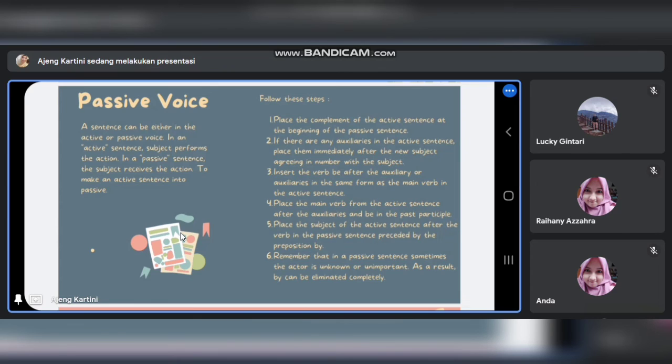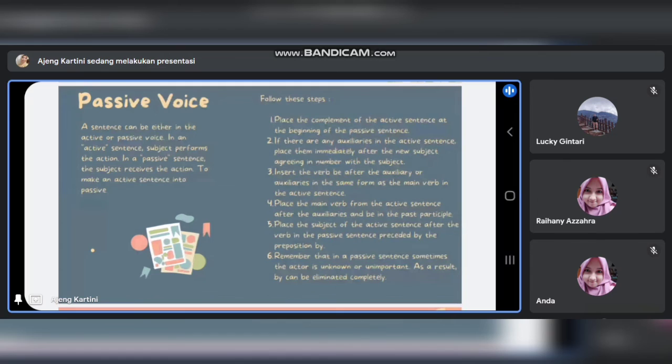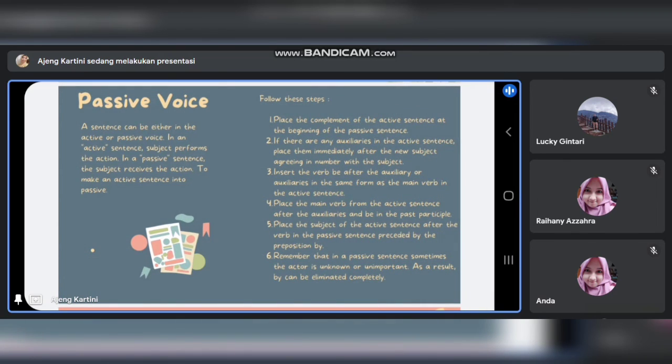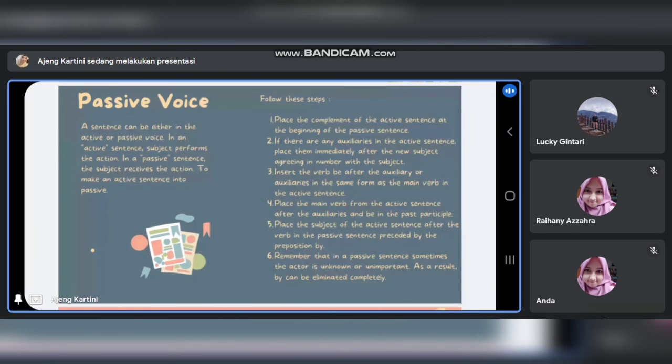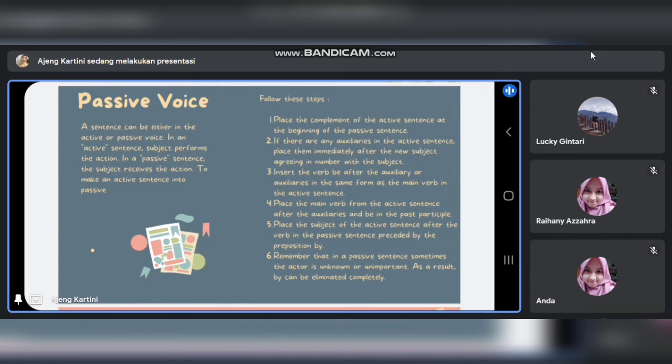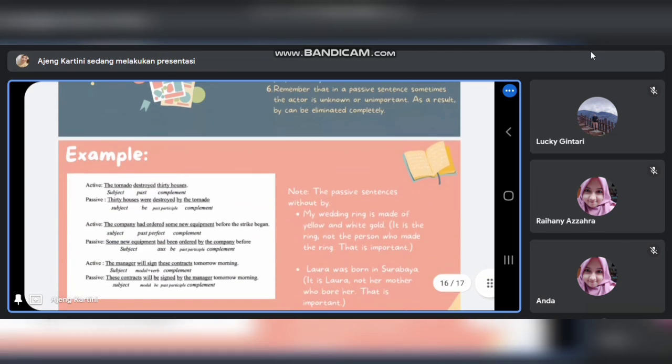The fourth is, place the main verb from the active sentence after the auxiliaries and be, in the past participle. And the fifth is, place the subject of the active sentence after the verb in the passive sentence, preceded by the preposition by. Sixth, remember that in a passive sentence, sometimes the actor is unknown or unimportant. As a result, by can be eliminated completely.